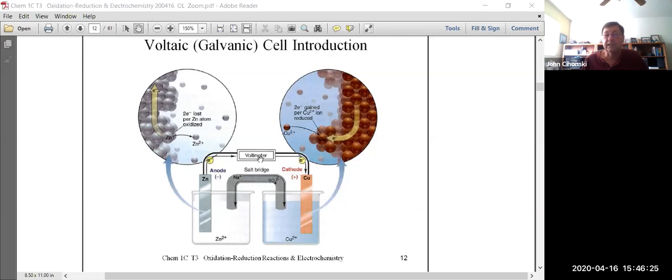Then the electrons keep passing on and they go into what's called the cathode. It's a little bit like going home, okay? So those electrons, in this case, because we're talking about the copper zinc system, flow into a copper bar.